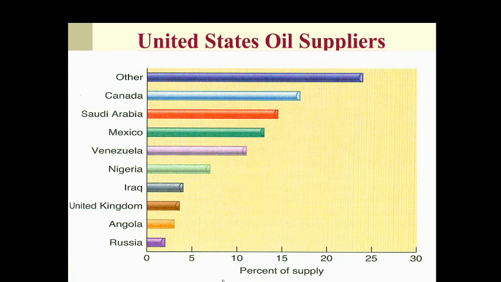Now, this is slightly old because there are some new sources in the United States supplying us, but that's okay. The biggest supplier of oil to the United States is actually Canada, followed by what you would think of as Saudi Arabia over in the Middle East. Mexico is a big exporter to the United States, as is Venezuela, and the rest, they're small, but they're there.